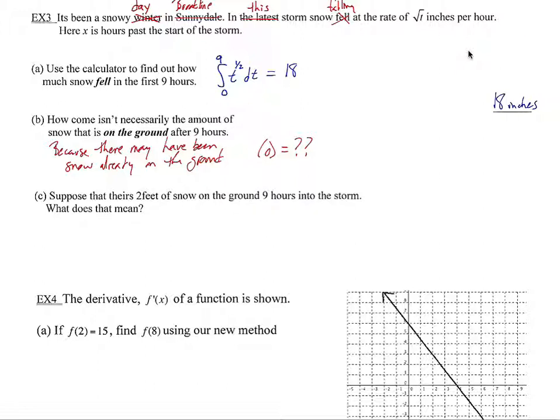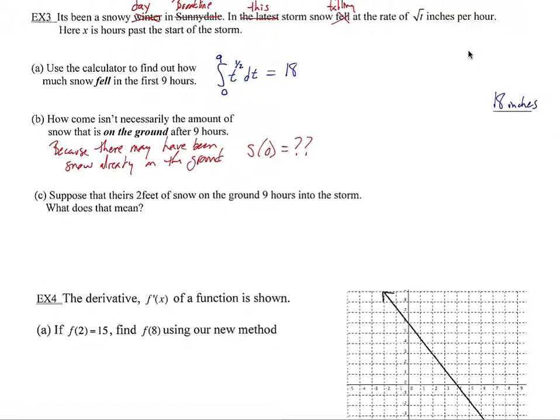Let's call this function s for snow. So if we know that at the end of 9 hours, there is 2 feet of snow, or in other words, 24 inches of snow, then it's a pretty straightforward thing to figure out how much snow there must have been on the ground at time 0, right?